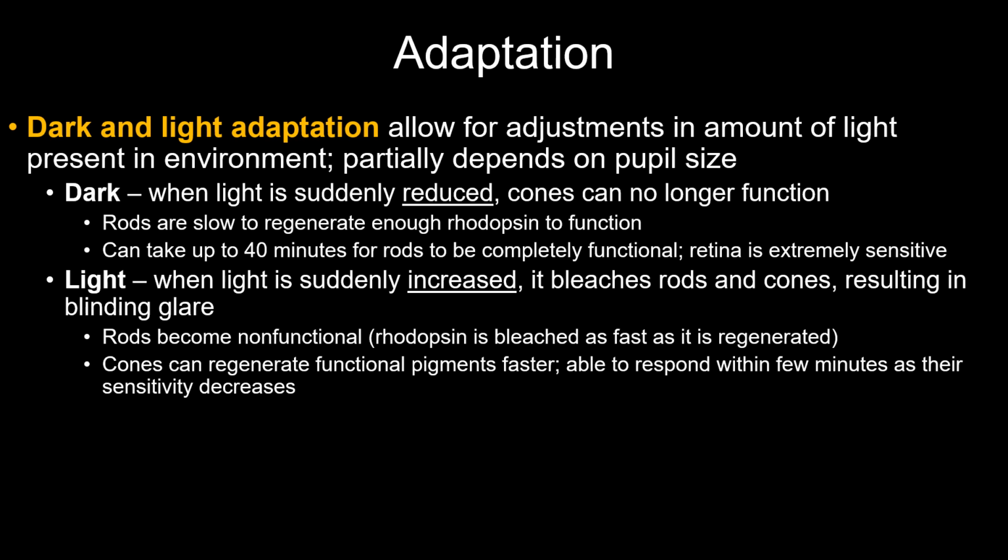And so the rods become non-functional, however, and the cones can regenerate functional pigments faster, and they're able to respond within a few minutes as their sensitivity decreases. Okay, so this is you sitting in a dark room and someone suddenly switches on the light. Those cones are much faster to adapt than your rods are.